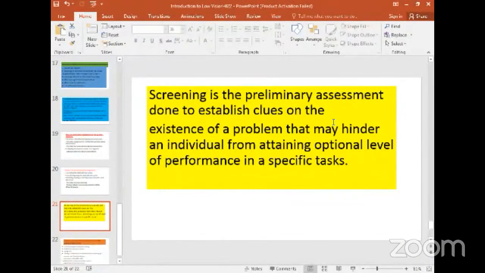So screening is the preliminary assessment done to establish clues on the existence of a problem that may hinder an individual from attaining an optimal level of performance in specific tasks.